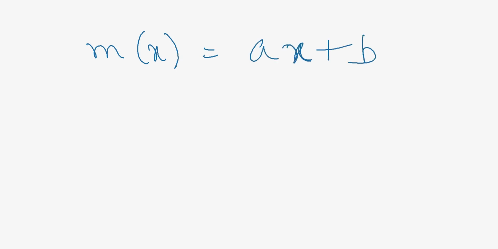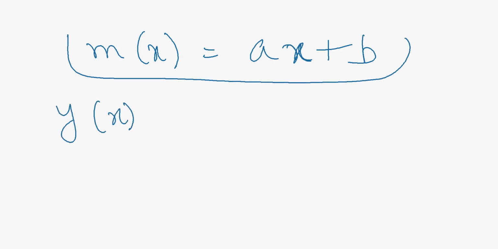So that question leads us to do something. All the discussion we did in the recent past, we thought about how to find the difference and everything. Let's say the m of x itself is ax plus b, for example. That follows a straight line.